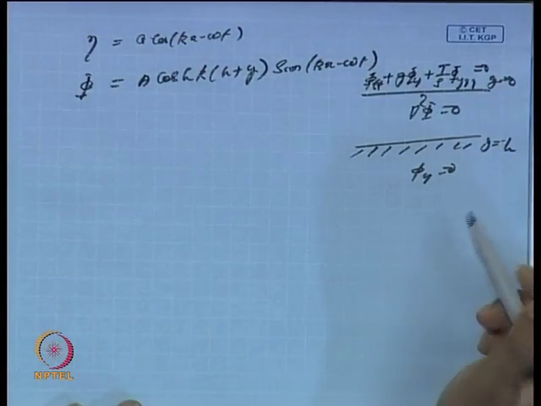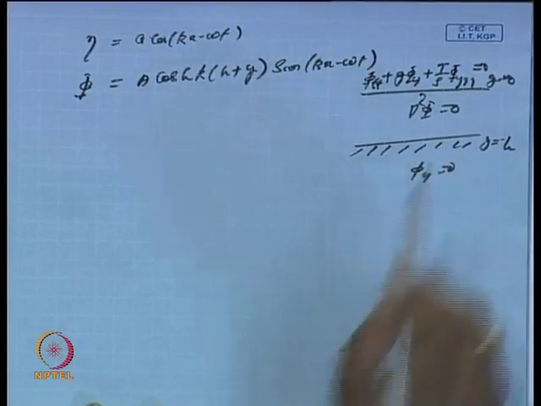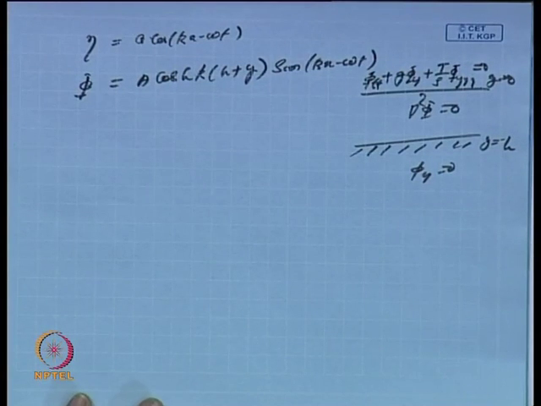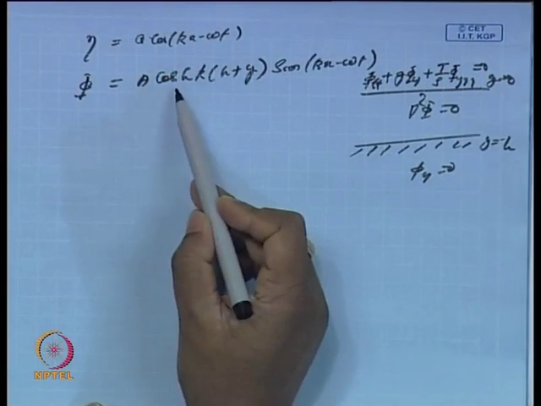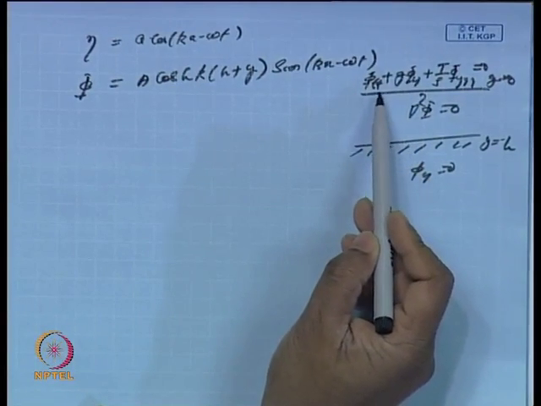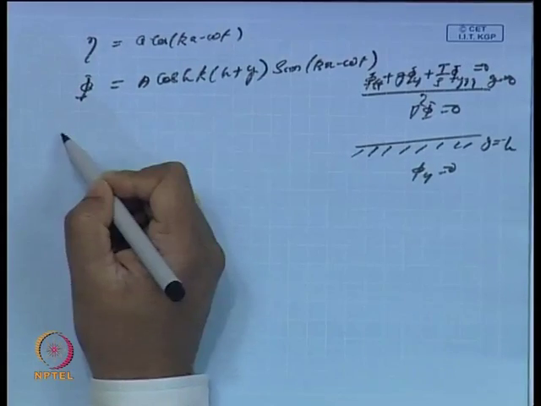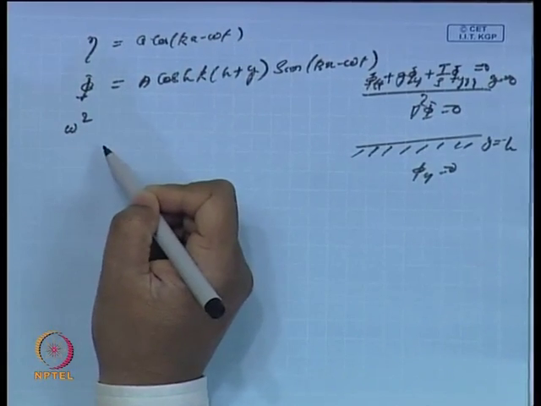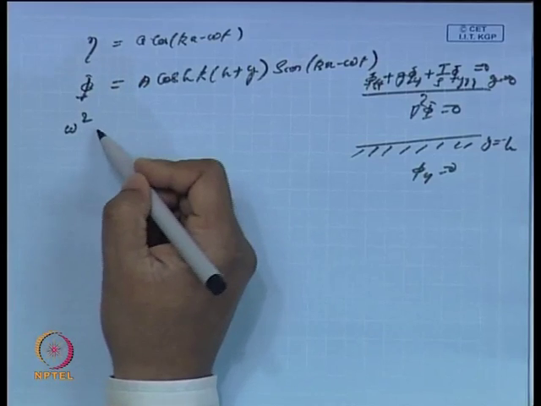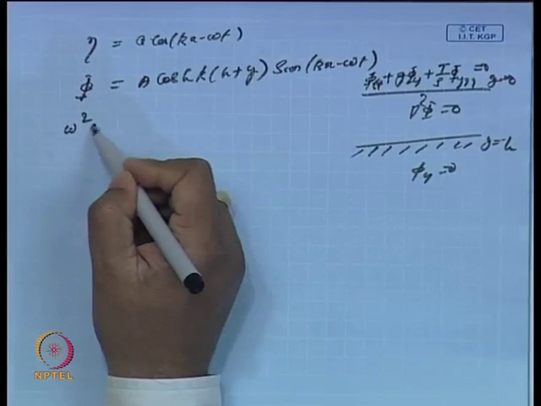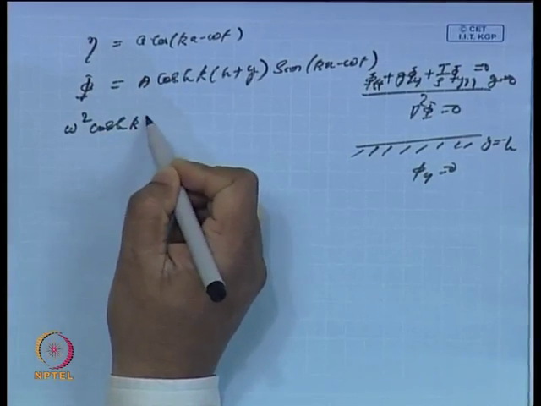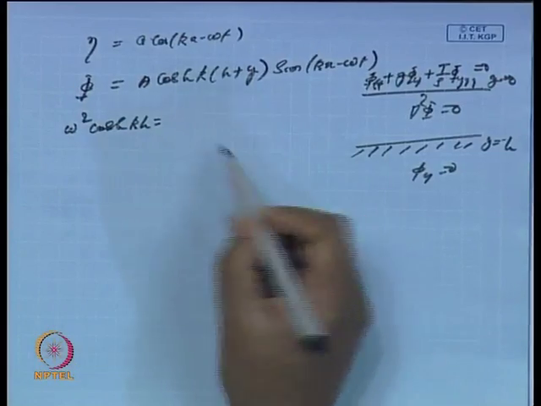This is the main free surface, and this is the bottom surface, in the linearized case. We can easily see that if phi has to satisfy this equation, phi t t will give us omega square times cosh, with a minus sign.